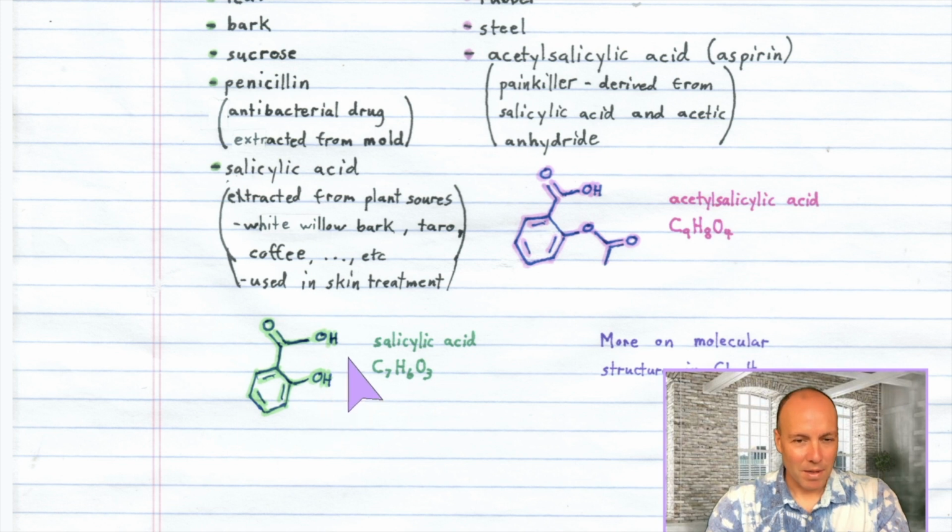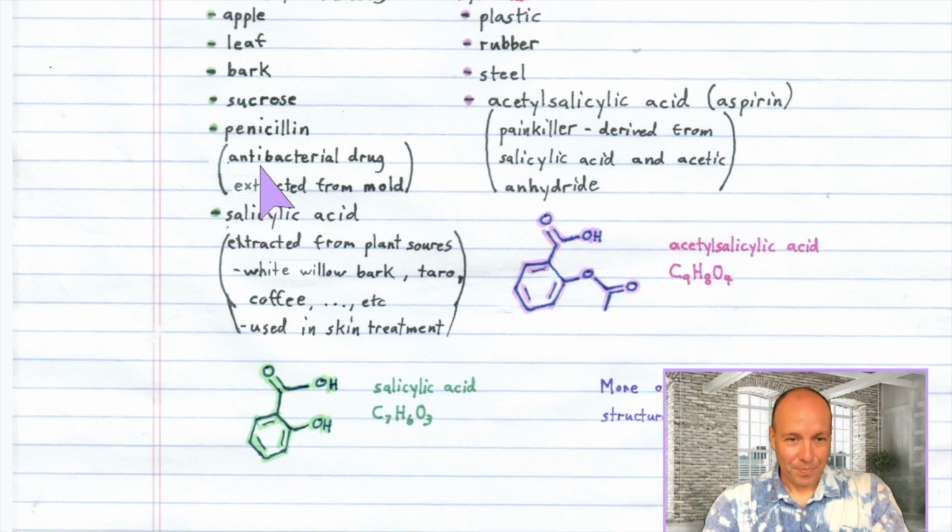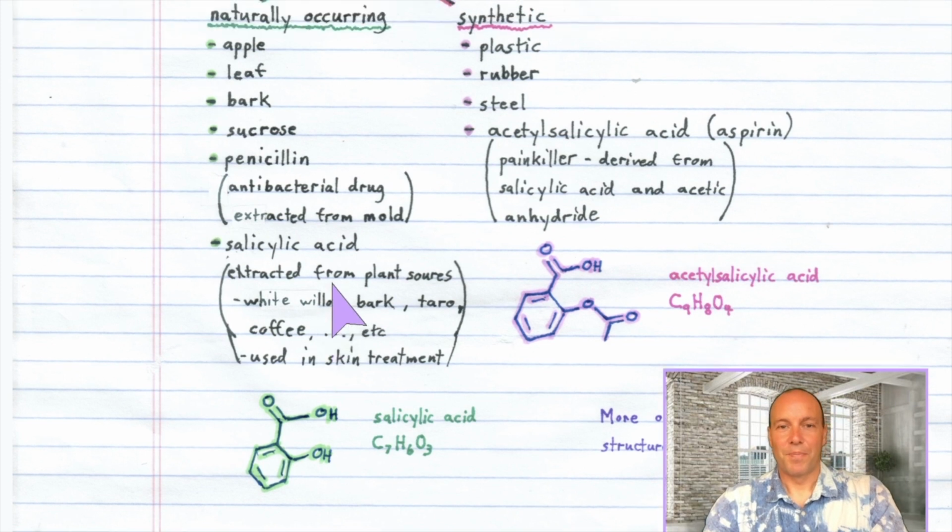And when you look at this, after a few chapters, you will be able to decipher this and tell me that this molecule has 7 carbon atoms, 6 hydrogens, and 3 oxygens. So maybe you can see the 3 oxygens, but what about the other ones? We'll talk about how to decipher molecules like this later. But salicylic acid is a naturally occurring substance, and you find it all over the place.